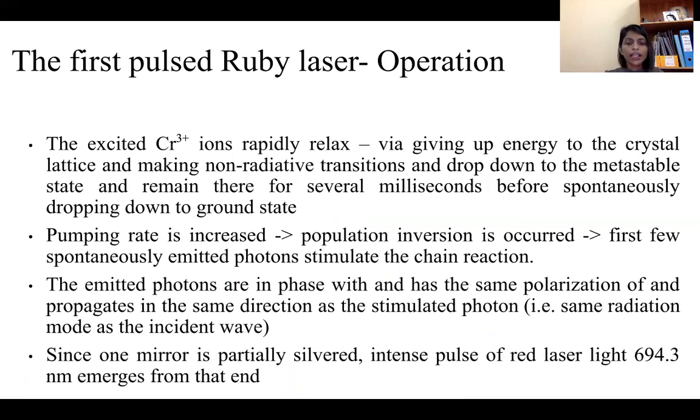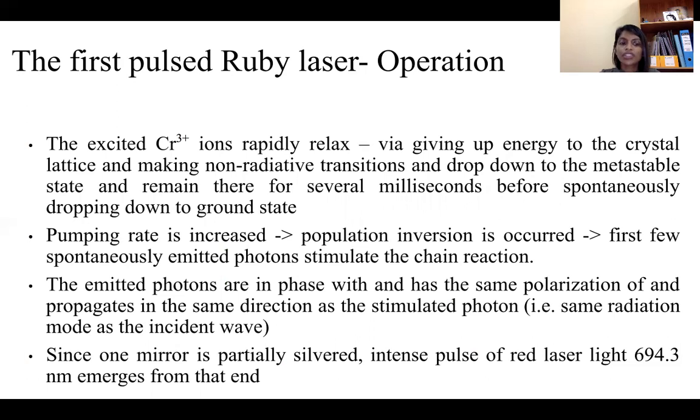Right, I think I explained this. So the pumping rate we have to increase, otherwise we can't maintain a population inversion. The first few spontaneously emitted photons will stimulate the chain reaction via this stimulated emission. And emitted photons are in phase, have the same polarization, and propagate in the same direction as the stimulating photon.